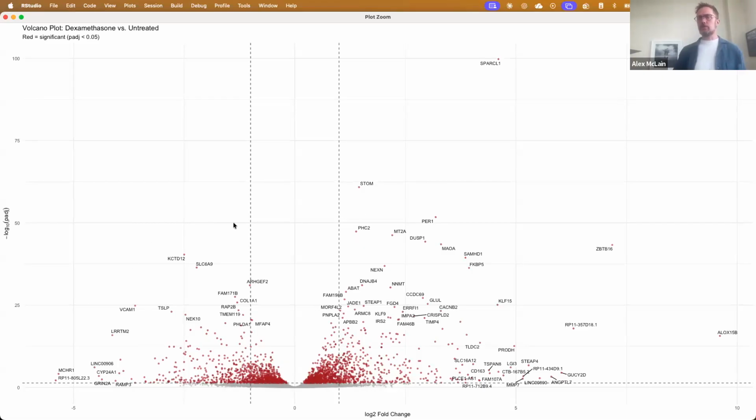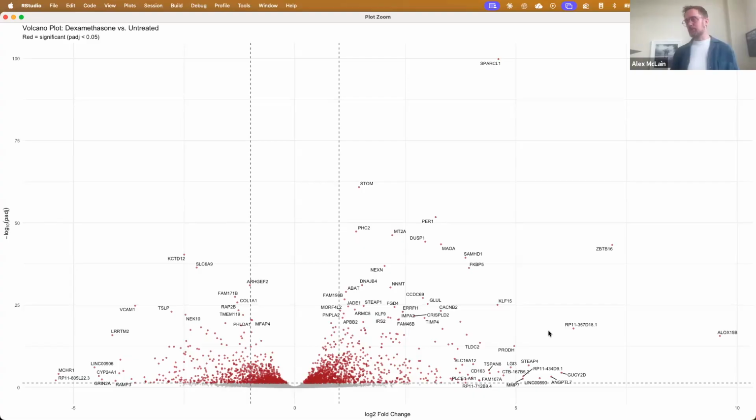So again, we would want to take both of these things into account, not just significance, not just effect size. If we want to see things that are really promising, we want to combine both of these two quantities. So look at the significance, but then give a little more weight to the effect size.